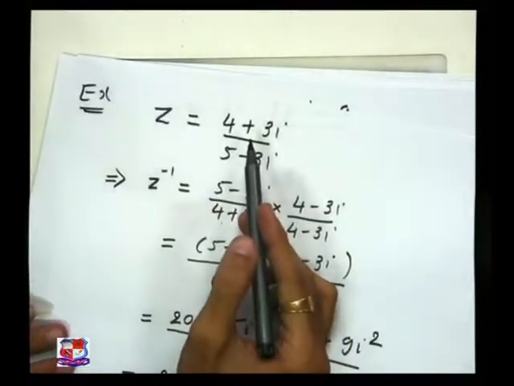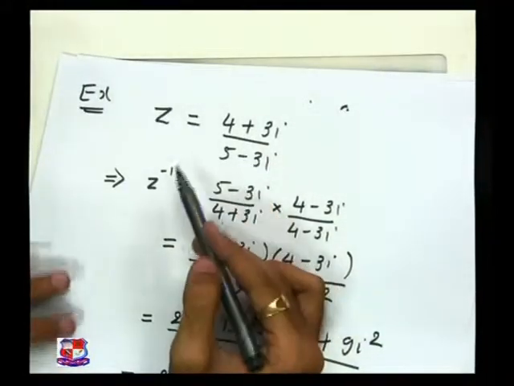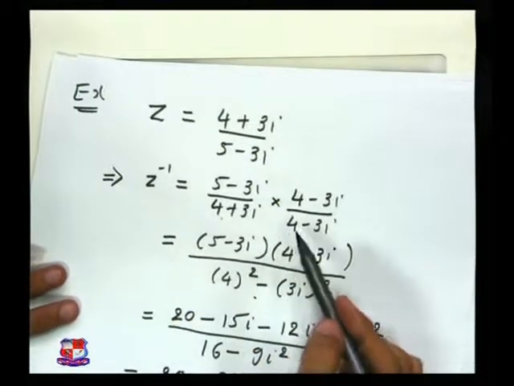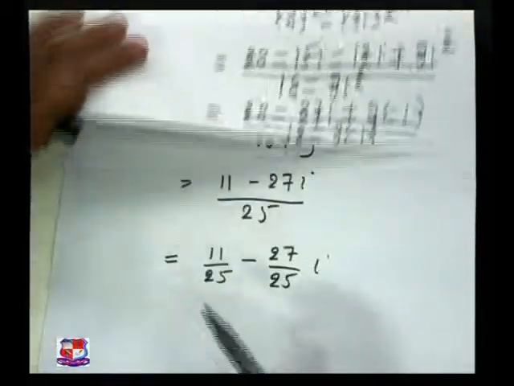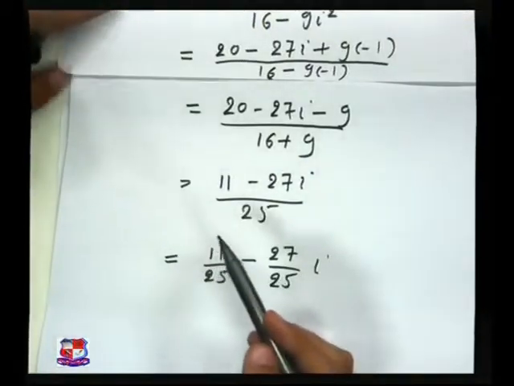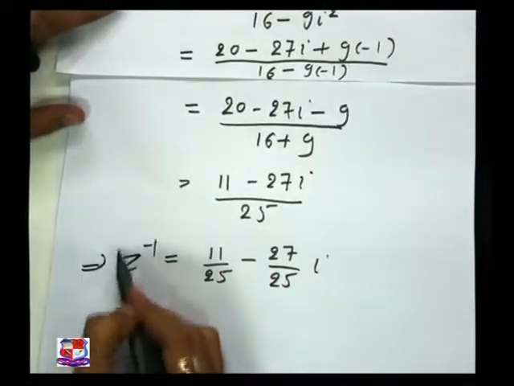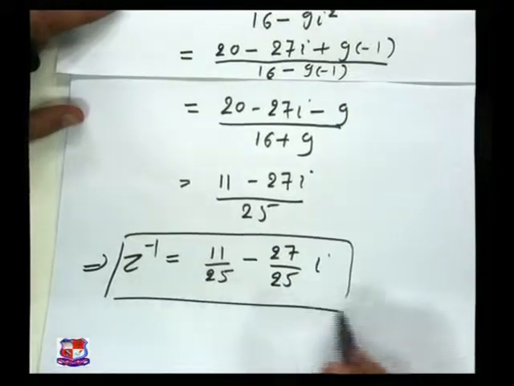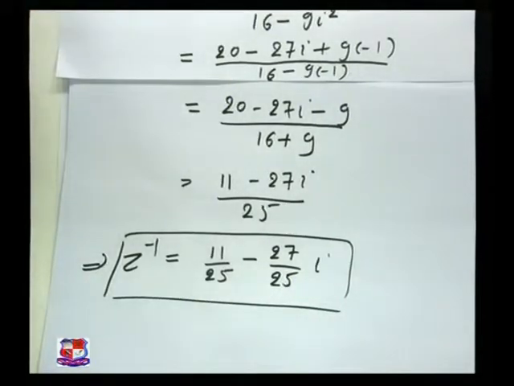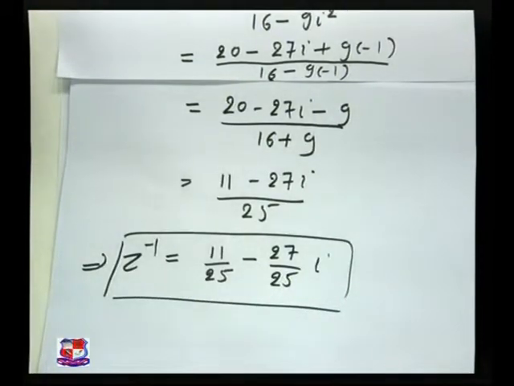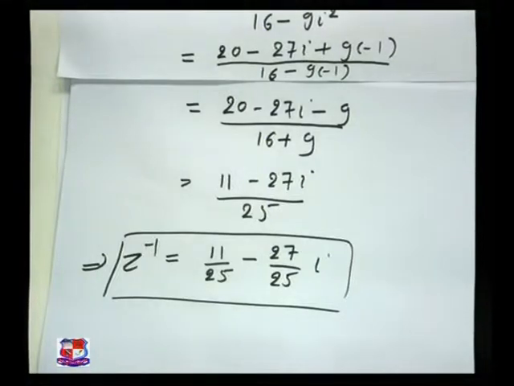Our question is to find the inverse of this z, and after this kind of simplification the answer is z inverse equal to 11 upon 25 minus 27 upon 25 into i.